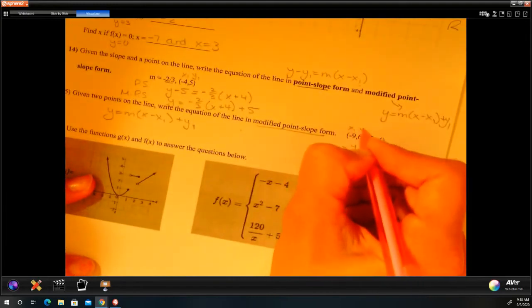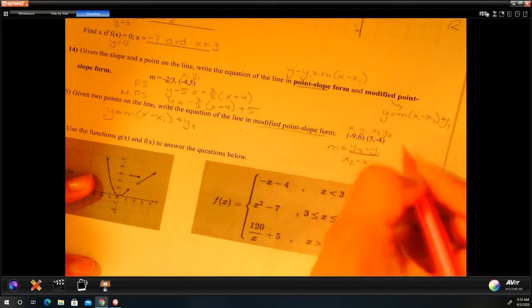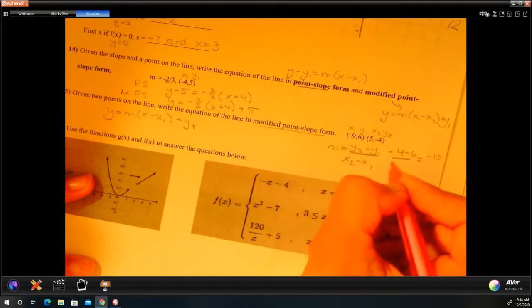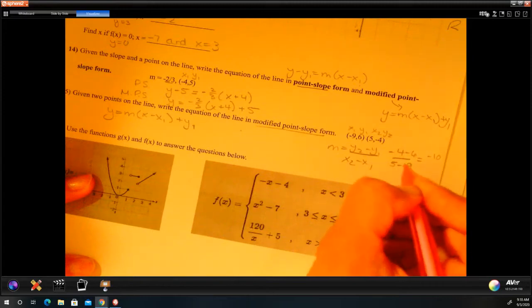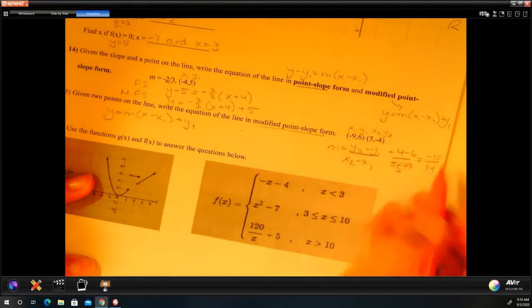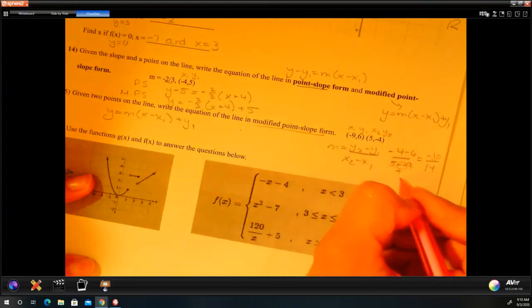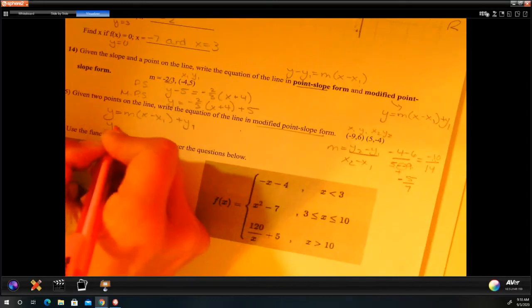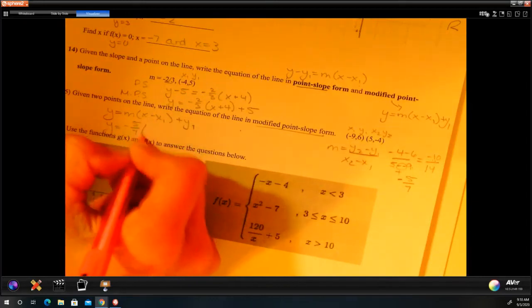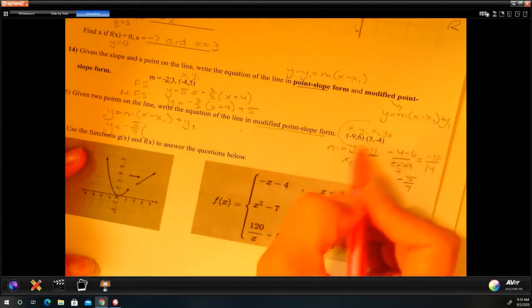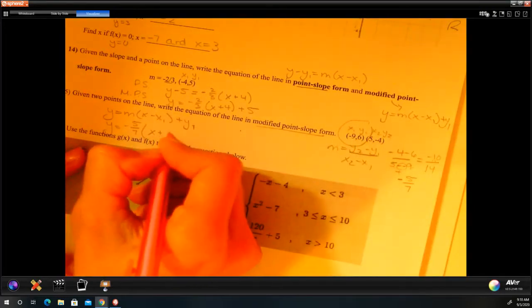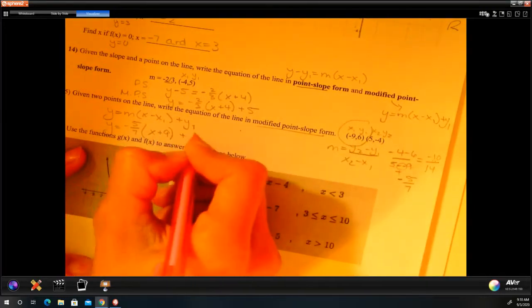So x1, y1, x2, y2, -4 minus 6, -10. 5 minus a -9 or opposite -9. 5 plus 9 is 14. 2 goes into both of these, so I should write this as -5/7. So my m is -5/7. You can use either point. I'm just going to use the first one. So opposite of the x1 would be +9, and then add the y1.